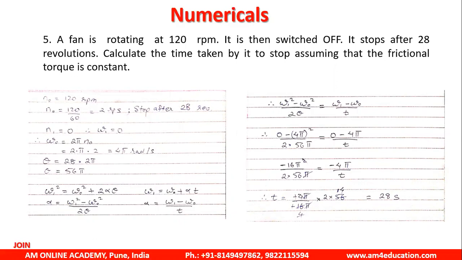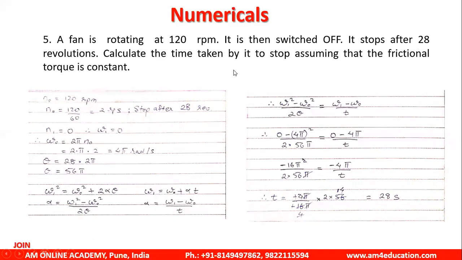It makes 28 revolutions. A very similar problem is there in the textbook. In this problem, the figures are different. That is 120 RPM. I think there it is 90 RPM, and instead of 28 revolutions, in that case it is 21 revolutions. Otherwise, the problem is the same.